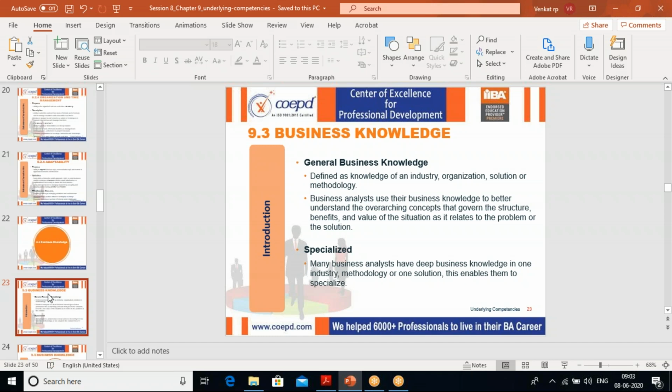We should have an awareness of that particular segment. So generic business knowledge is a must. Sometimes we may also have specialized knowledge in one of the solutions, but basically we should understand the generic business knowledge of that particular process, organization, and industry. We have to be aware of it.